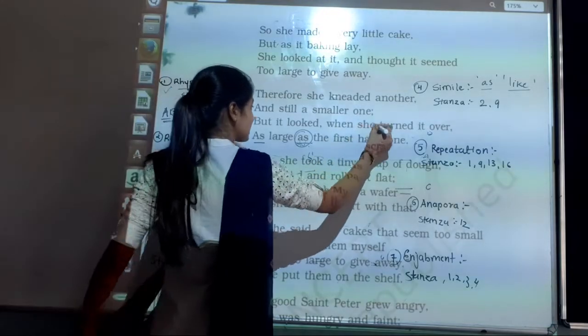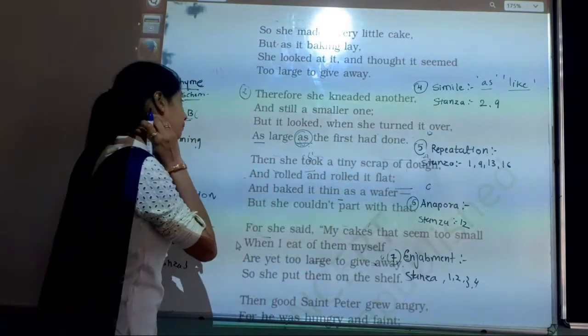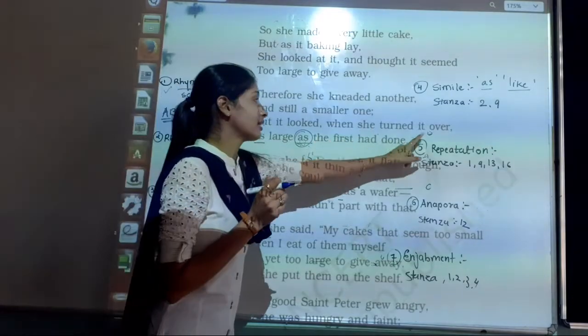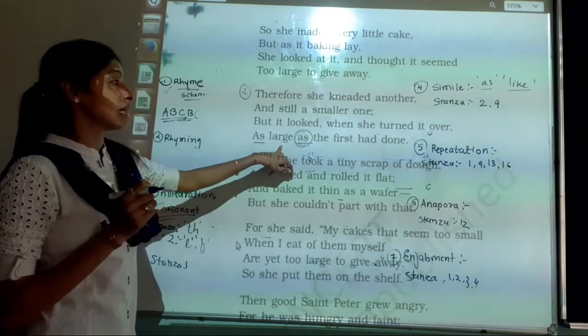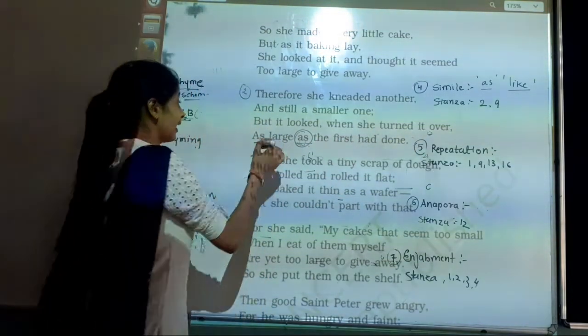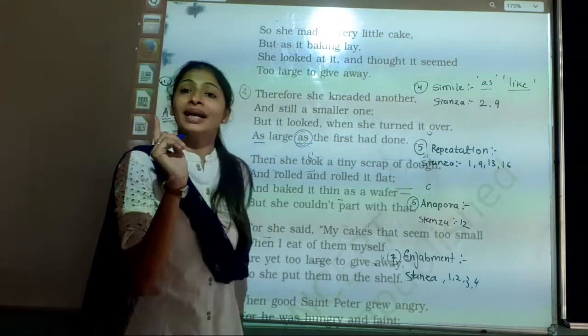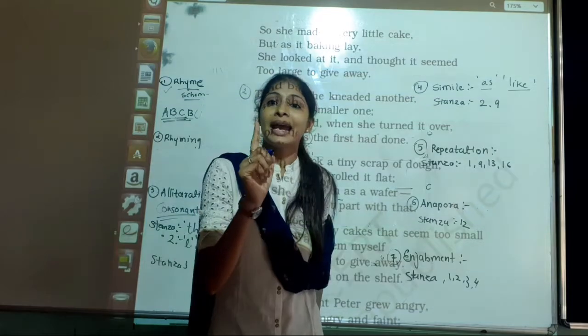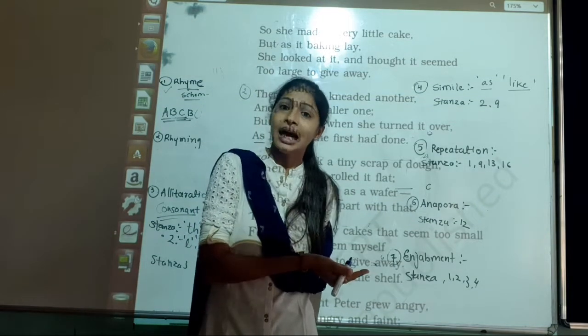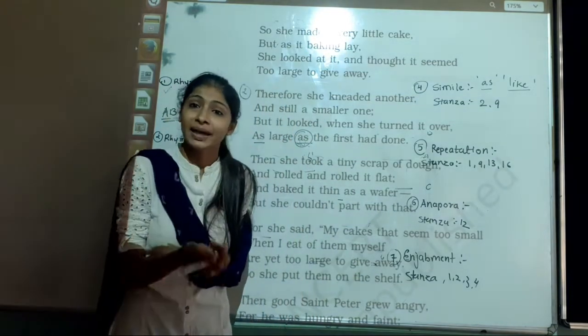Here, see, compared with what here? "But it looked when she turned it over as large as the first." Then here, "as" is used for the comparison, which that woman had made first cake and she baked it in the heart, and afterwards she was very greedy.